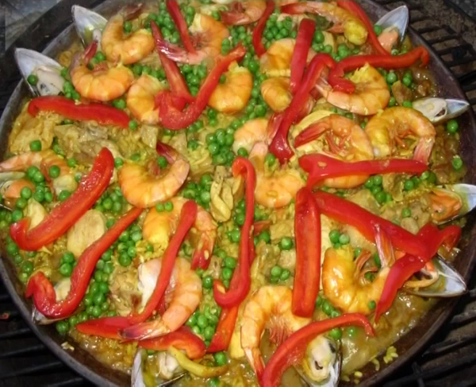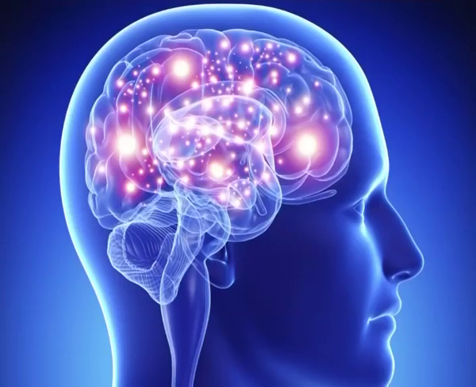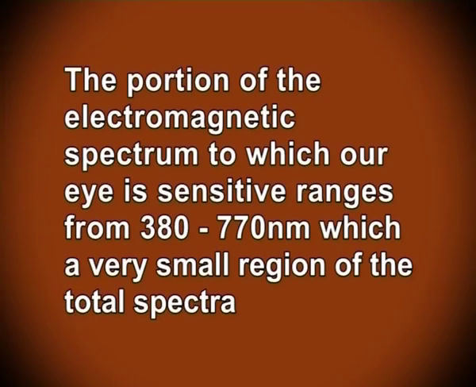Color of food can be defined as the energy distribution of light reflected by or transmitted through a particular food. It is one portion of the input signals to the human brain that ultimately results in human perception of the appearance. The portion of the electromagnetic spectrum to which our eye is sensitive ranges from 380 to 770 nanometers, which is a very small region of the total spectra.